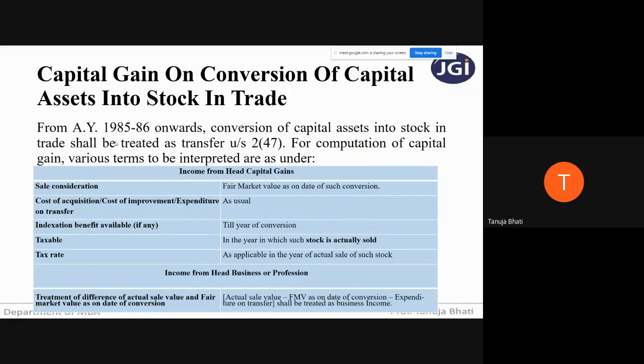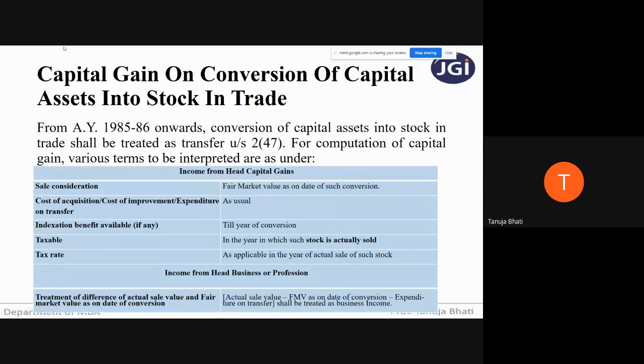It started being treated as transfer only from the assessment year 85-86. So remember, if in the problem you are getting that any conversion has taken place, suppose in 1980-81, then please don't calculate capital gains because it was not regarded as transfer.